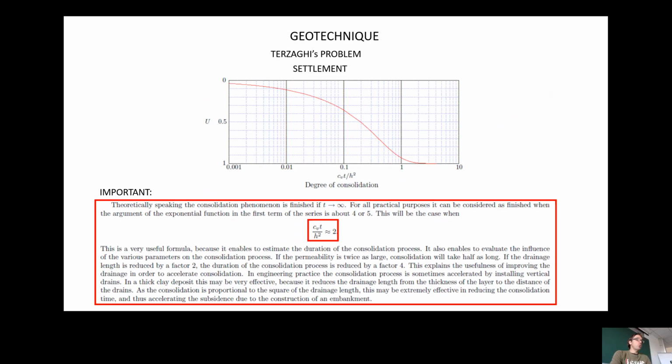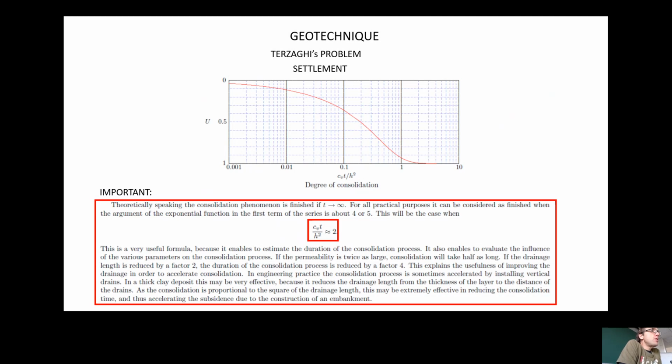So, in order to conclude and define this settlement, we can importantly say that, theoretically speaking, the consolidation phenomenon can be considered finished only when t equal to infinite.